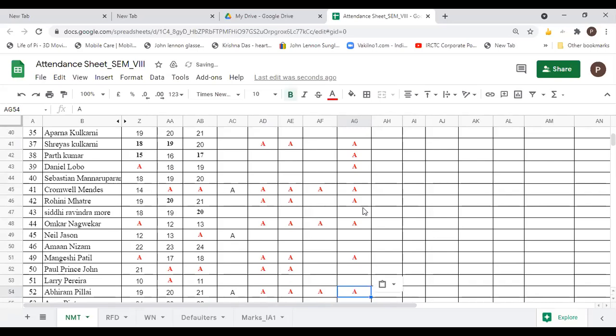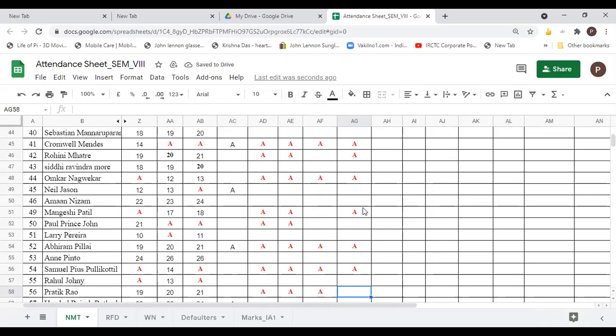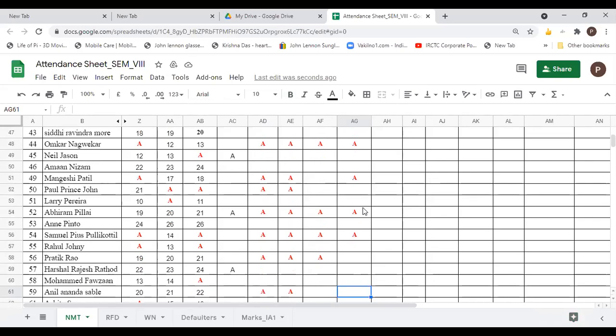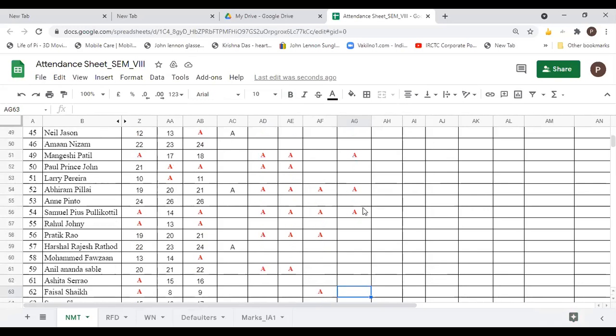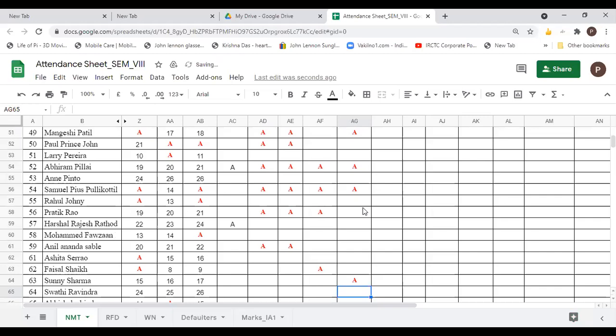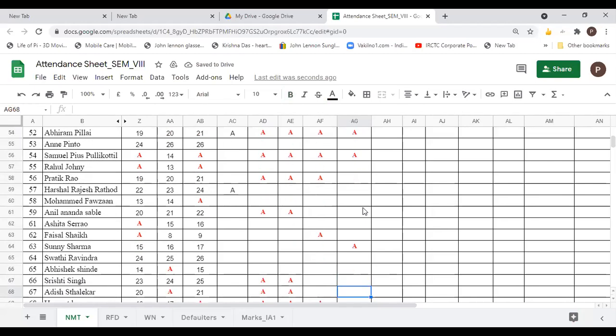Abhiram, 53, Present, ma'am. 54, 55, Present, ma'am. 56, Present, ma'am. 57, Present, ma'am. 58, Present, ma'am. 60, Present, ma'am. 61, Present, ma'am. 62, Present, ma'am. 63, 64, Present, 65, Abhishek, present, ma'am.